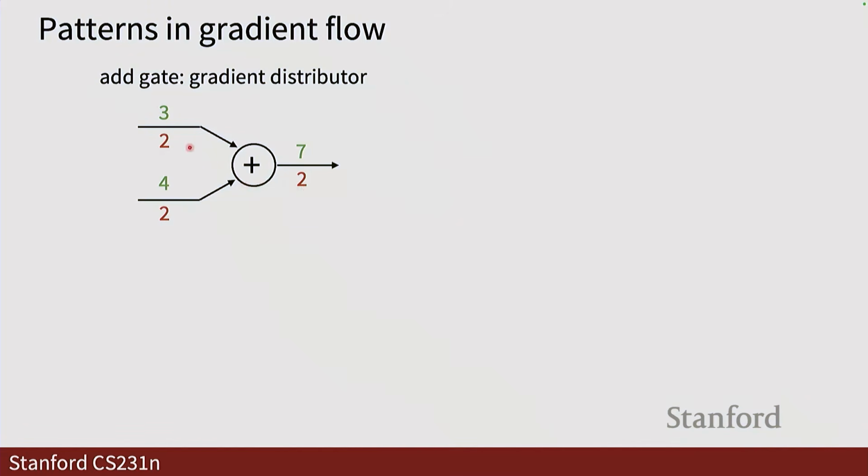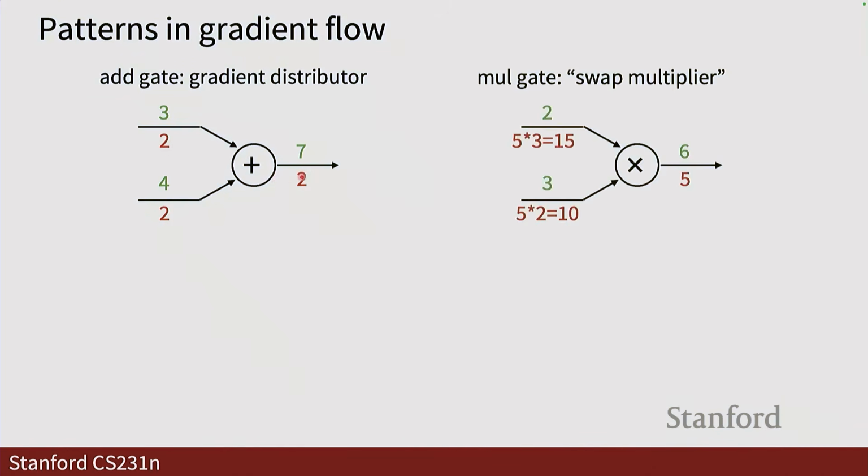The gradients will remain the same as whatever its input is. For the multiplication gate, it's a swap function. Again, I told you the gradient of xy with respect to x is y, with respect to y is x. So it's kind of a swap.